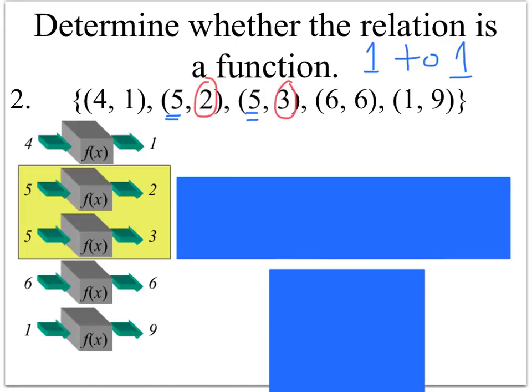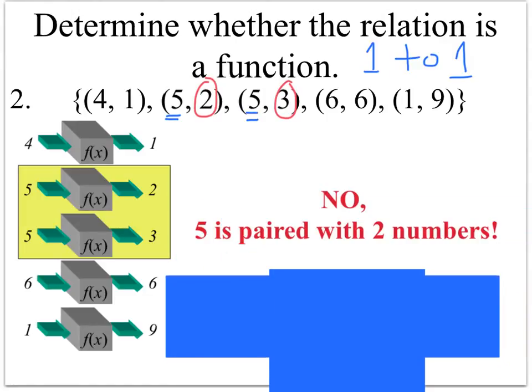So that means that this relation is not a function because 5 is paired to two different numbers. Remember that for a relation to be a function, each input goes to exactly one output.